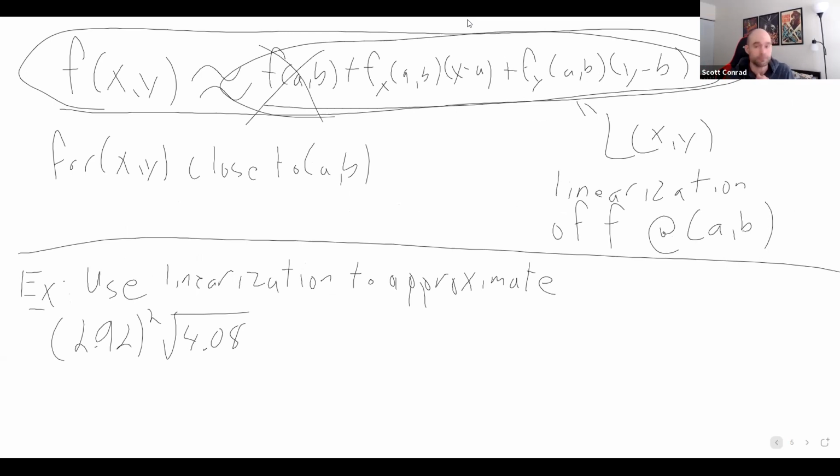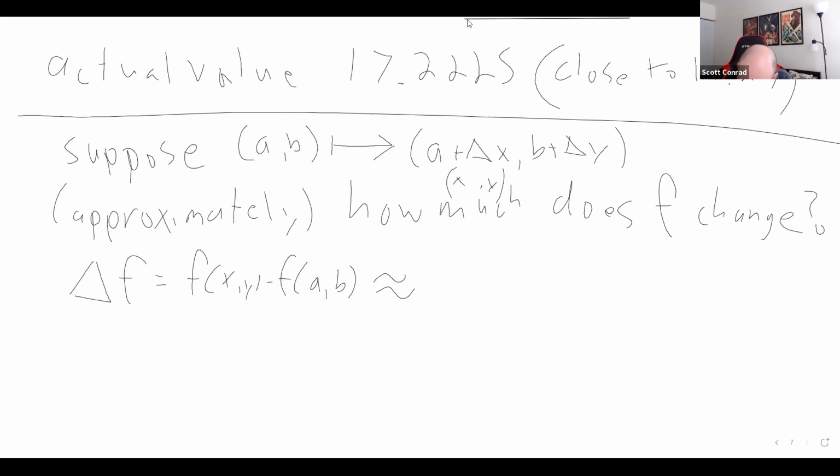So kill off this first guy. So what we get, the partial of f with respect to x at AB, x minus a, plus the partial of f with respect to y at AB, y minus b.